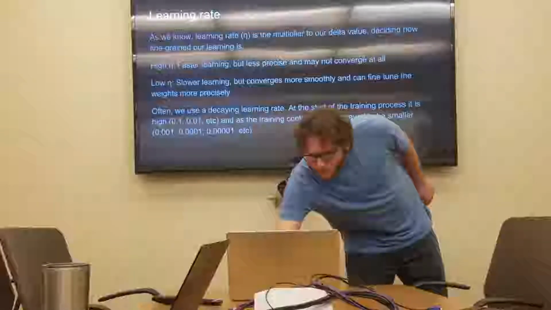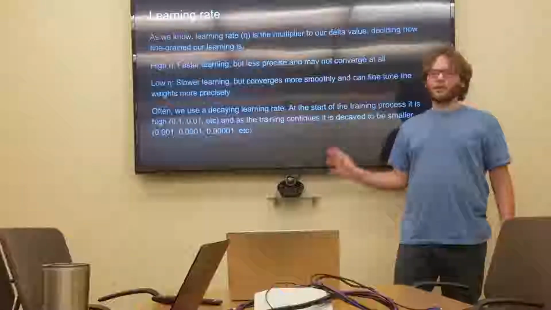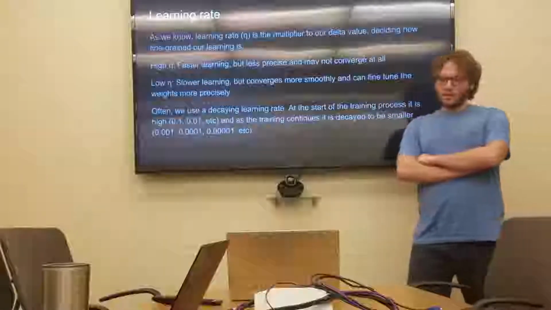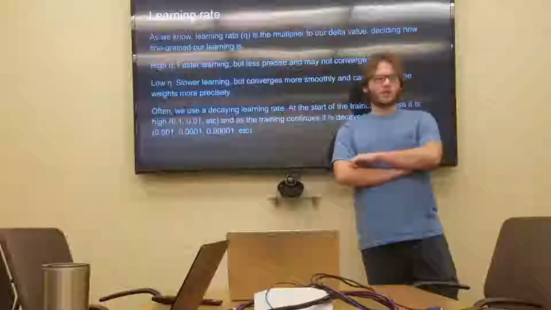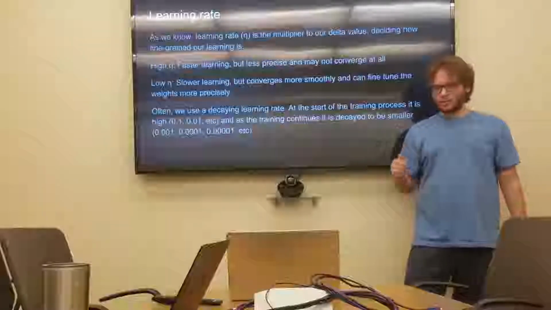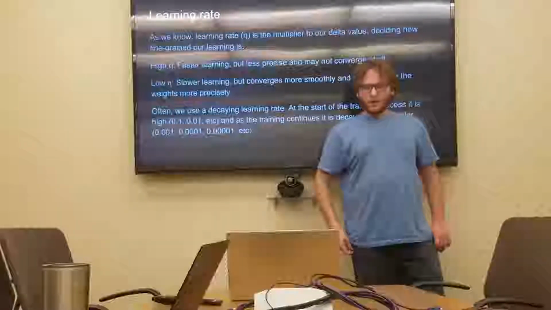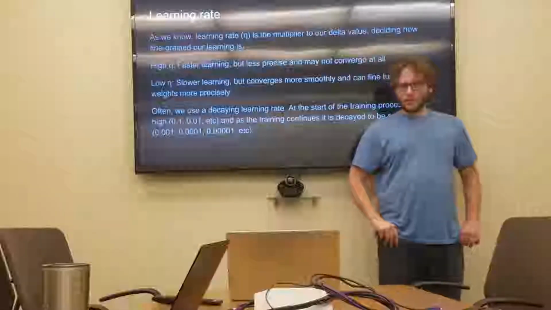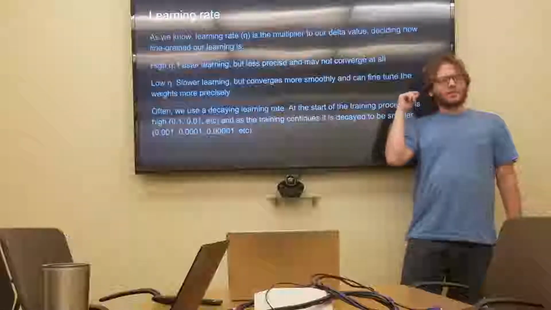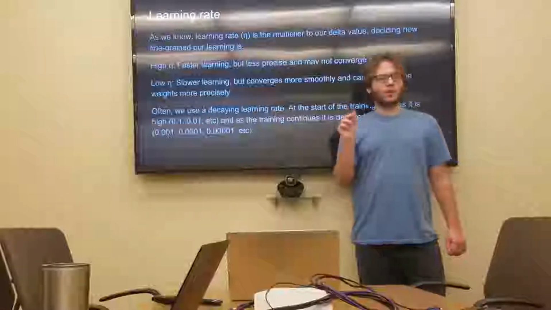Let's get into some specifics now. Learning rate is, of course, our multiplier. We've talked about that before. It just multiplies our gradient to create our adjustment. A lower learning rate is going to make the network learn slower.